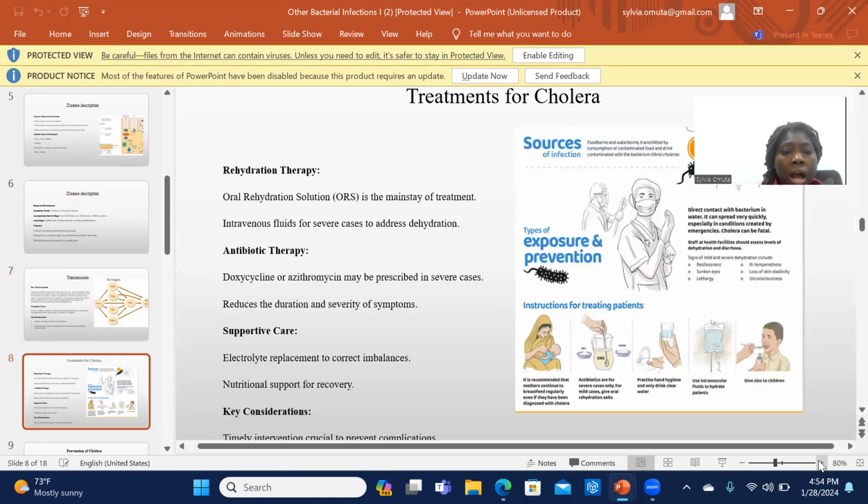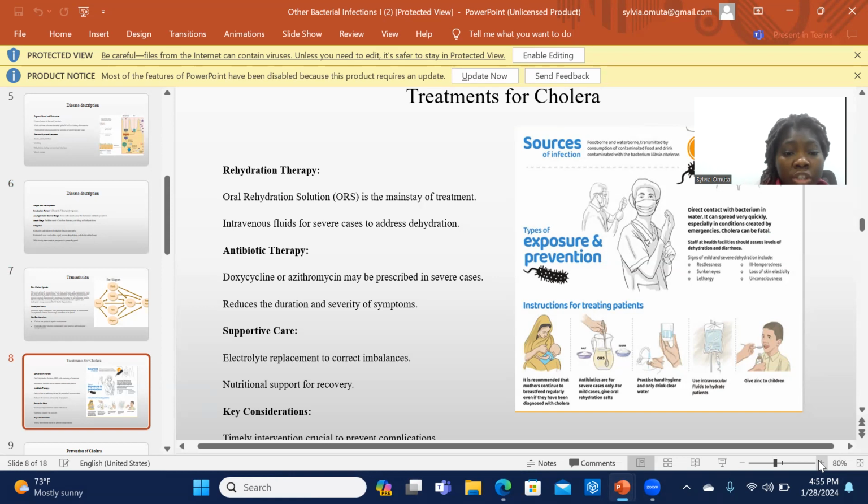Treatment for cholera. Rehydration therapy: oral rehydration solution, ORS, is the mainstay of treatment. Intravenous fluid for severe cases to address dehydration. Antibiotic therapy: doxycycline or azithromycin might be prescribed in severe cases to reduce the duration and severity of symptoms.